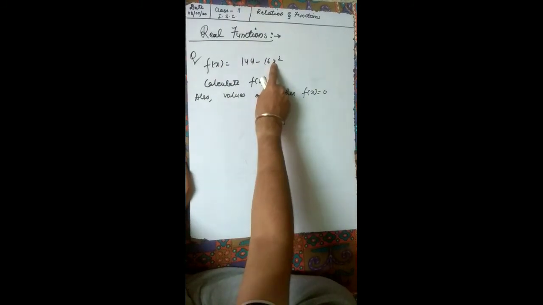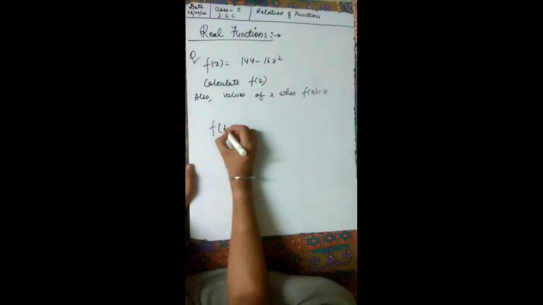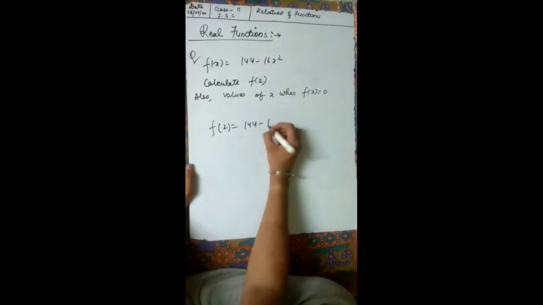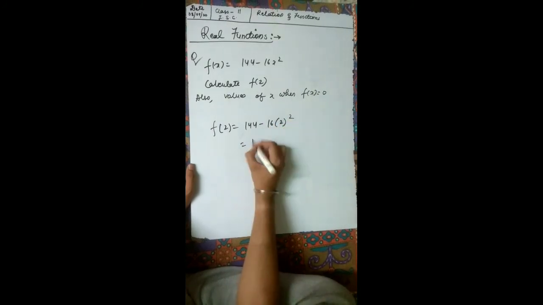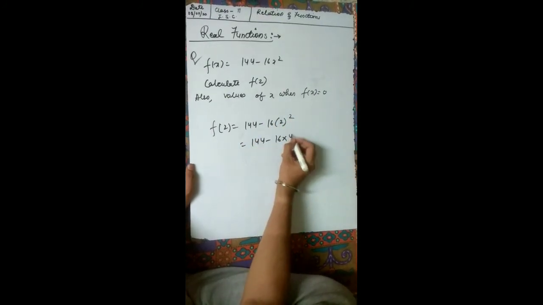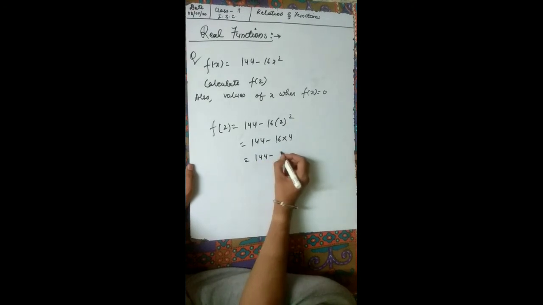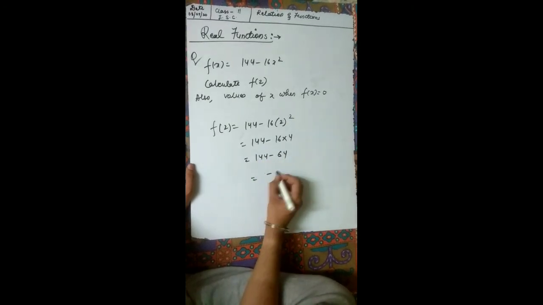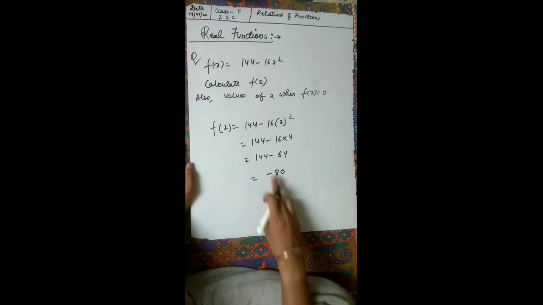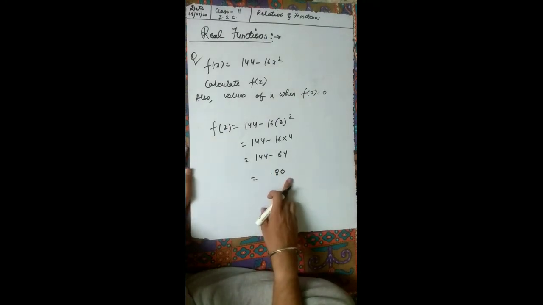So f(2) will be 144 - 16 × 2², which is 144 - 16 × 4, 144 - 64, so 80 will be the answer.